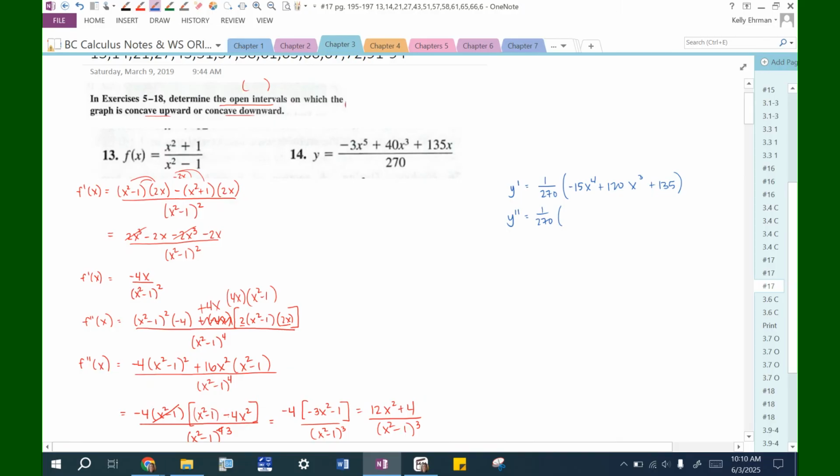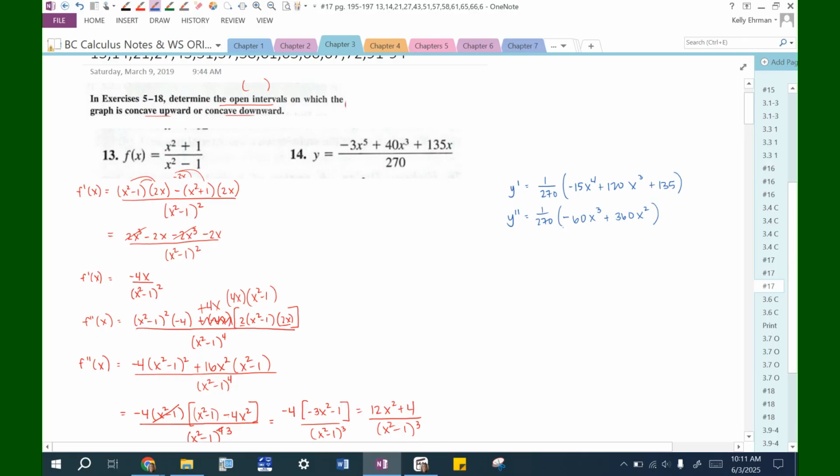I don't need to factor that in, I don't think. So negative 15 times 4 is negative 60x to the 3rd plus, so 12 times 3 is 36 times 10 is 360x squared, and then the derivative of 135 is 0.